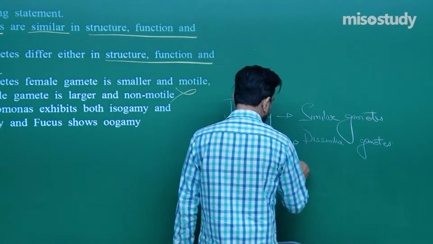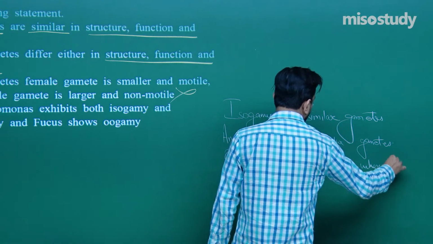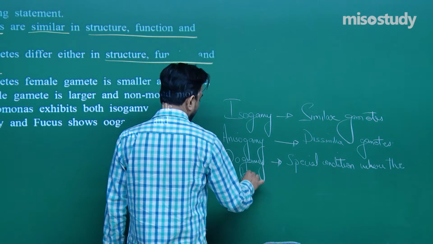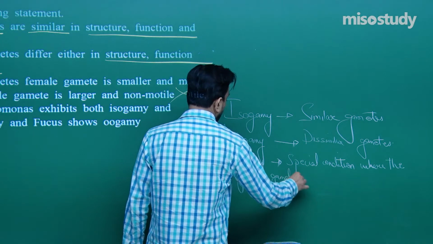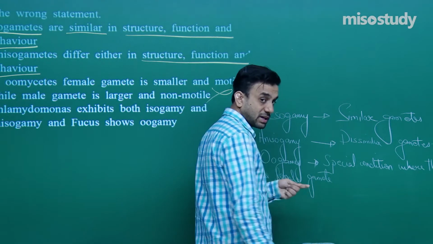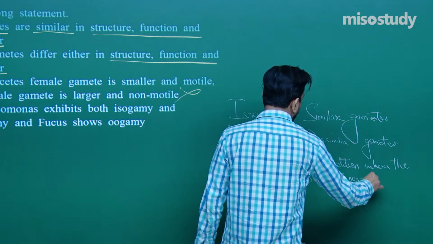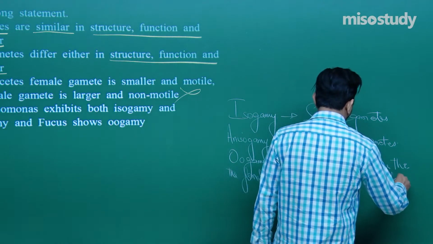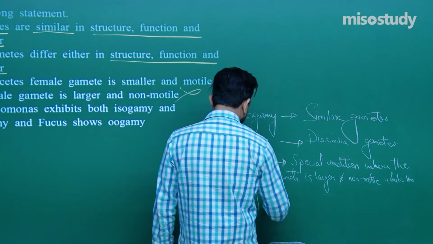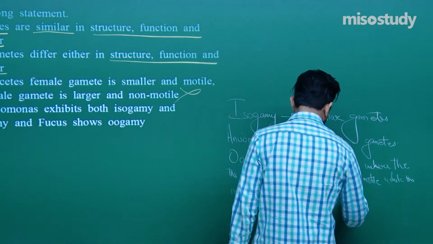Oogamy is a special condition where the female gamete is larger and non-motile, while the male gamete is smaller and motile.